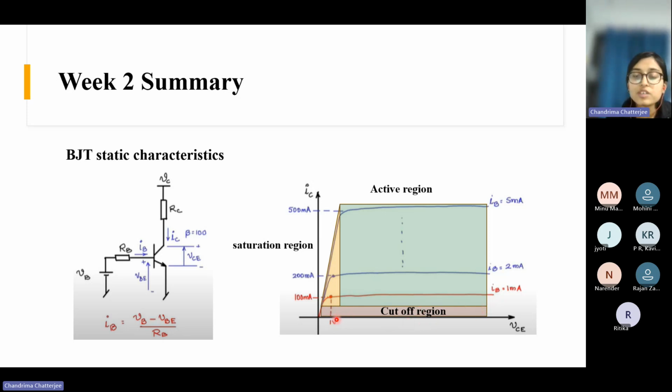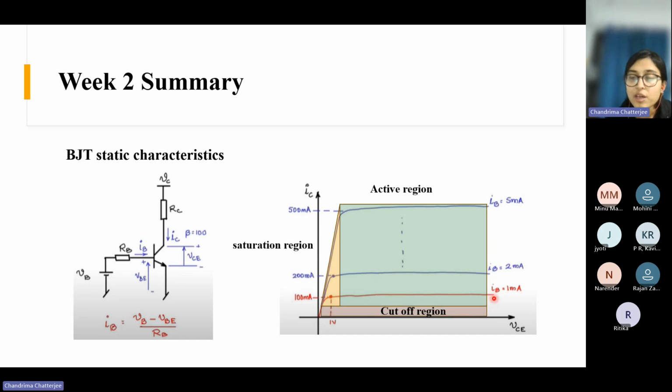So here, how we obtain the static characteristics. Suppose you have a source here, VCC. We will vary this value. If we vary the source voltage value, then the VCE value will also change, right? So as we change it, the VCE value goes across the x-axis.